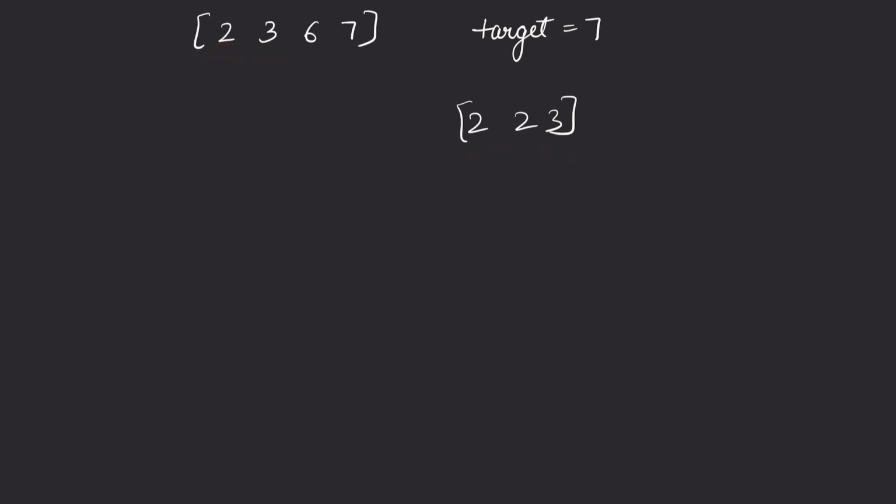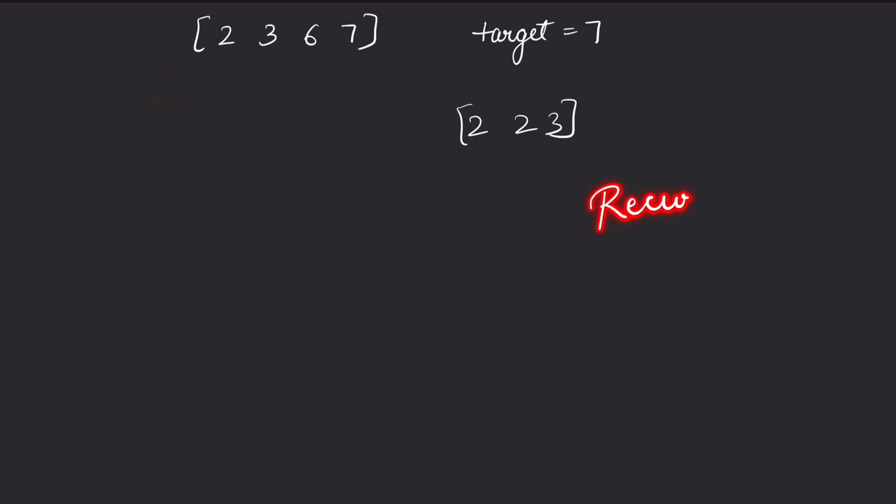Now whenever you have any question which involves an array of integers and asks us to find some combination of the elements of the array, there are more chances that this problem will get solved using recursion. Why recursion? Because if you look closely, for every element in the array we will have two choices. One choice is that you take it and the other is that you do not take it.